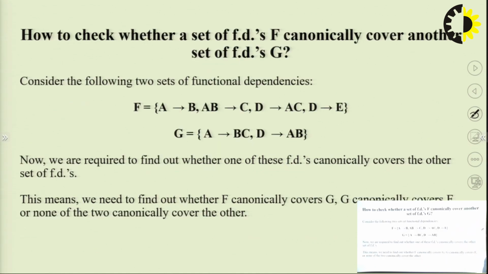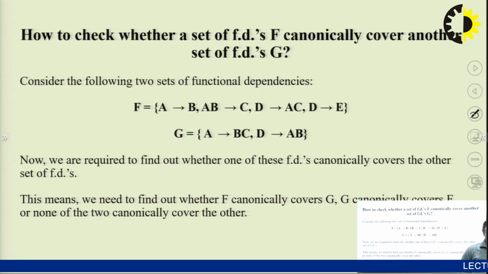So how do we check whether a set of functional dependencies F canonical covers another set G? We have to prove whether it is a superset, subset, or equal. Like in the second example, we have seen that it is equal, and in the previous example 1, it completely changed, many extraneous attributes were found, and finally we got a canonical cover.